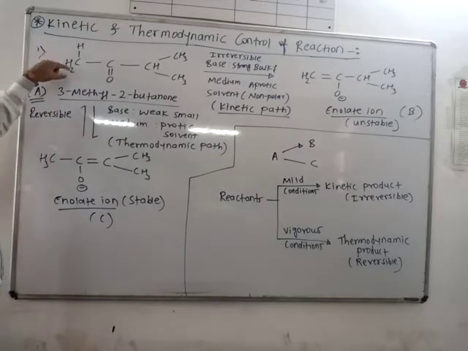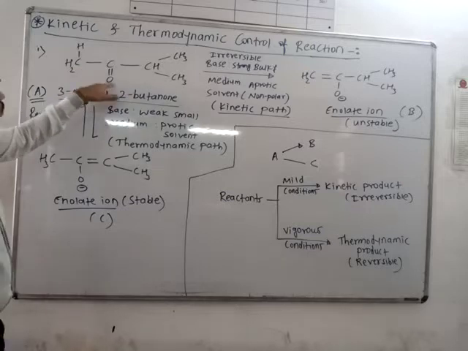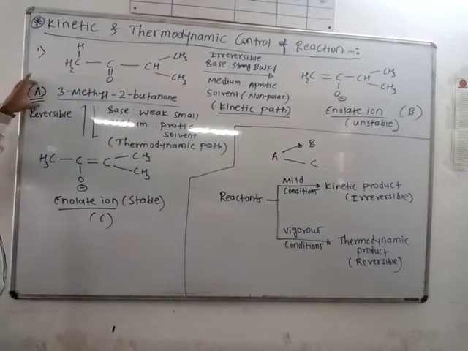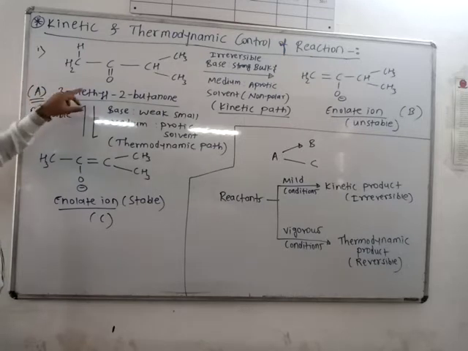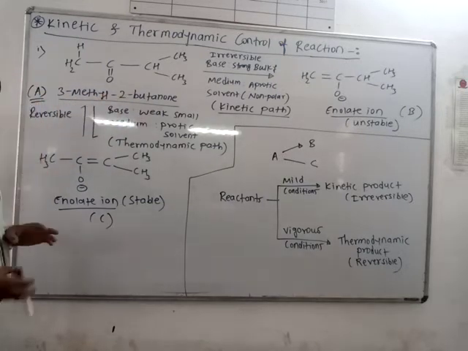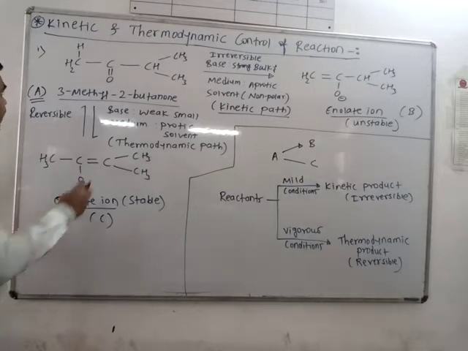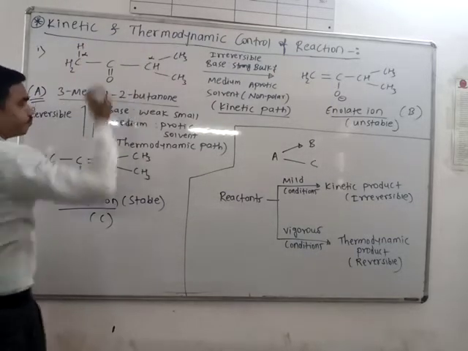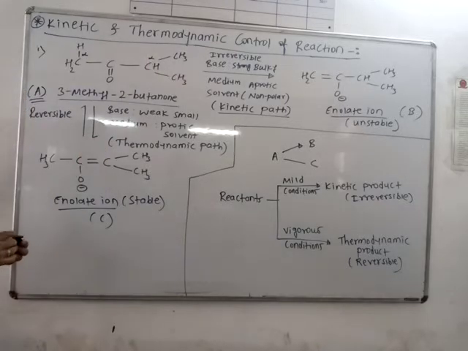This is one example, CH3COCH(CH3)CH3. This is our starting material, reactant A, 3-methyl-2-butanone. See here, this is an alpha carbon, this is also an alpha carbon, so alpha hydrogens are there.